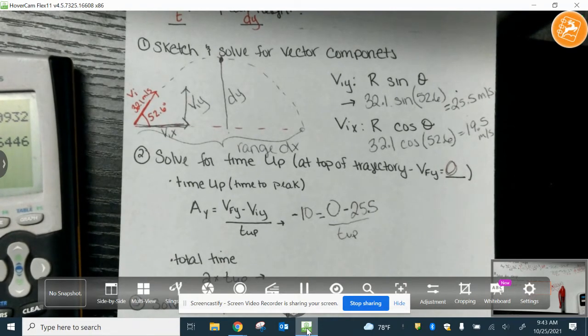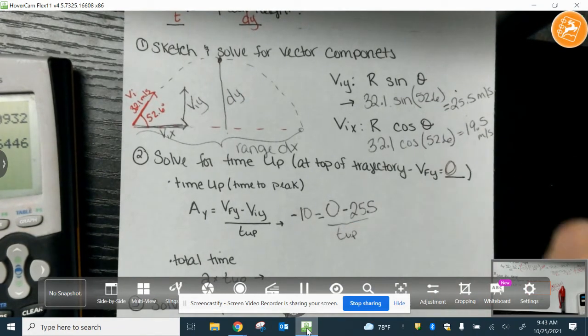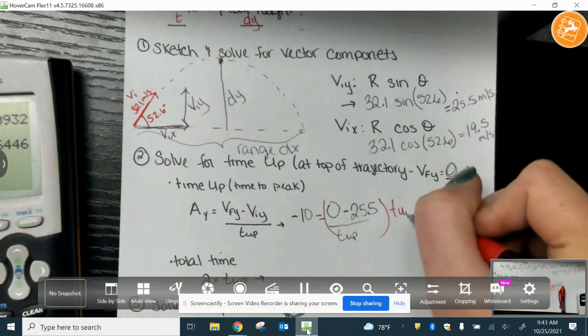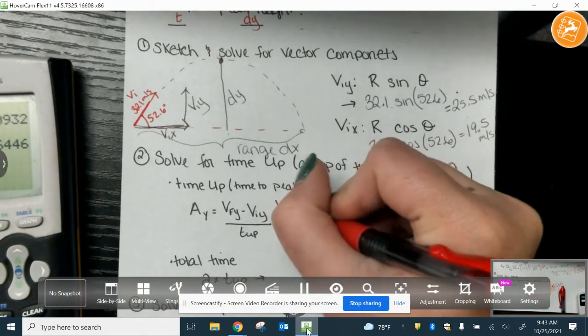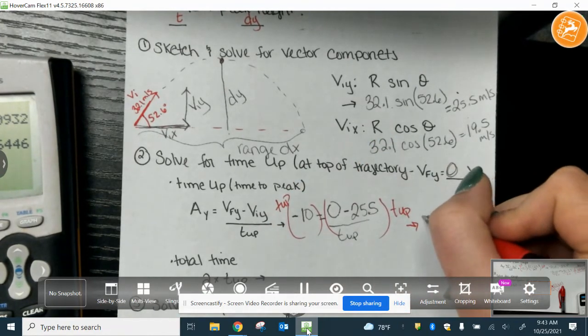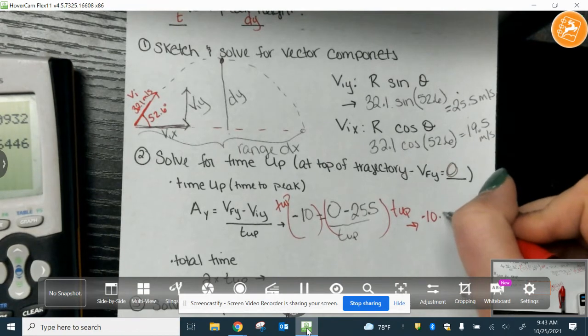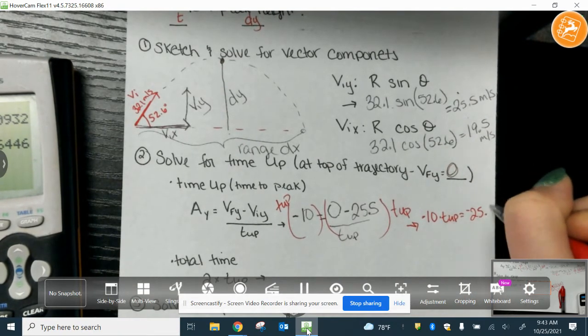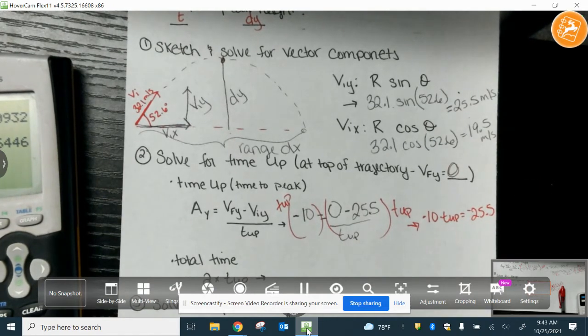And my time up, I don't know. I want to get my time off the bottom, off that denominator, so you can either cross multiply and divide, or for me, I'm just going to multiply both sides by time up. So I get -10 time up is equal to -25.5.